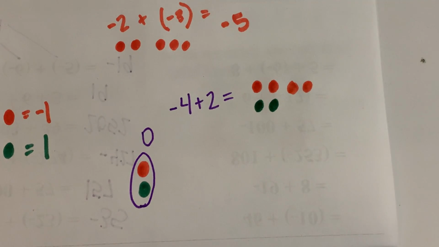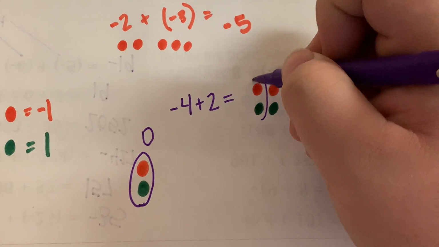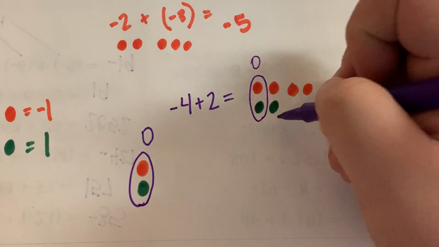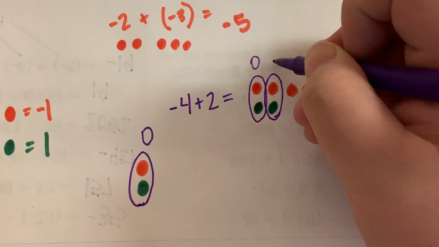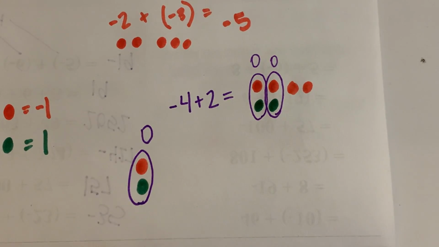So now we have to figure out what the value of this is. -2. Right, I'm hearing -2. Because one red dot and one green dot together makes what? That makes 0. So what's left over? -2.